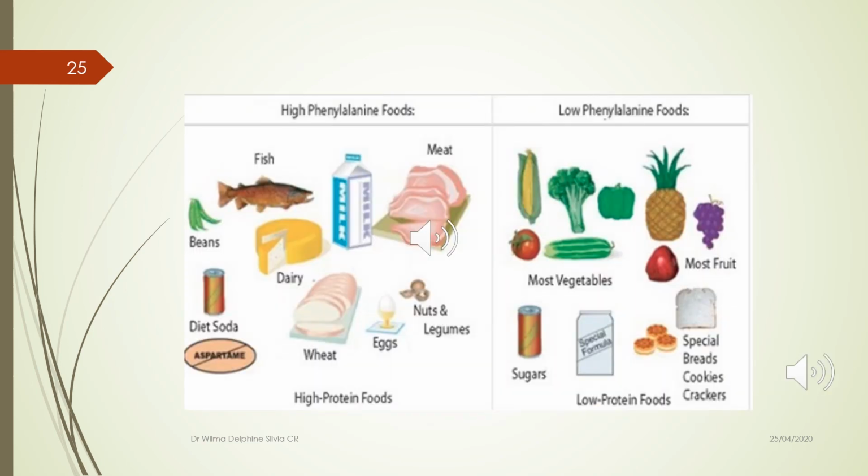Here we get the clear picture of the foods with high phenylalanine content and foods with low phenylalanine content. The high phenylalanine foods are like fish, meat, dairy products, nuts, eggs, etc. And the low phenylalanine foods are most of the vegetables, most of the fruits, sugars, and special breads without the protein.